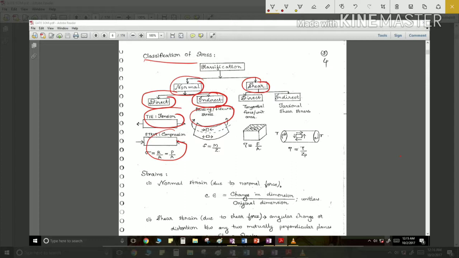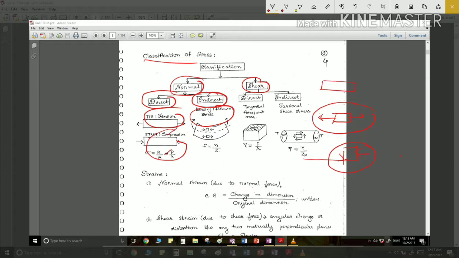Direct stress means direct tension and direct compression. For example, a tie. I'll draw here: if a body is there and we try to pull this body, then this body is under direct tension. Or if the same body is there and we try to compress it, then this body is under compression.